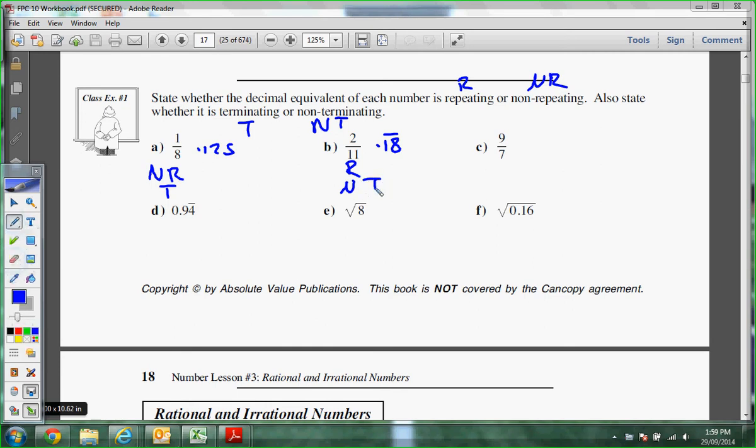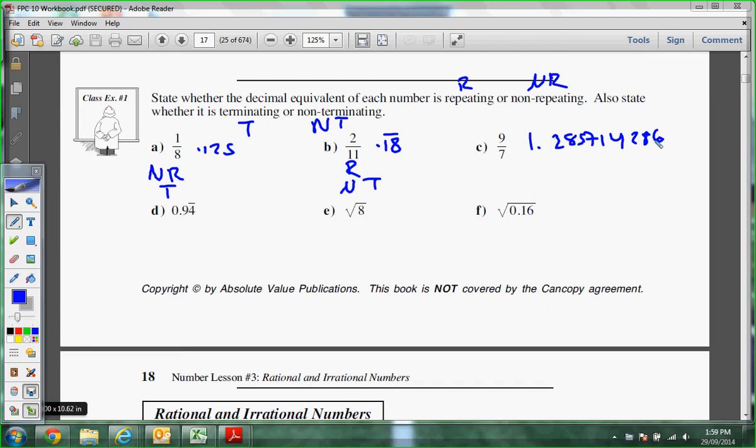Good deal. Okay, 9 over 7. Mike, what's 9 over 7 equal? 1 point what? 2857. Okay, so would that be repeating, non-repeating? 9 over 7. Let me see this here.